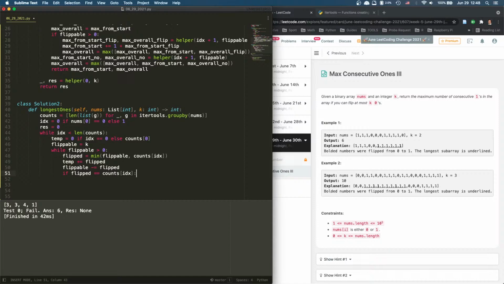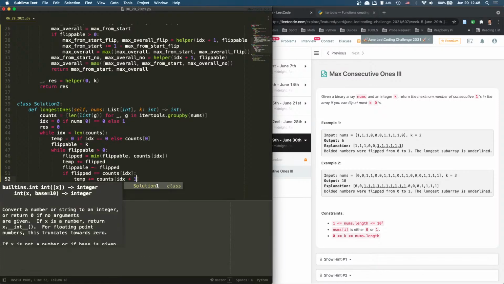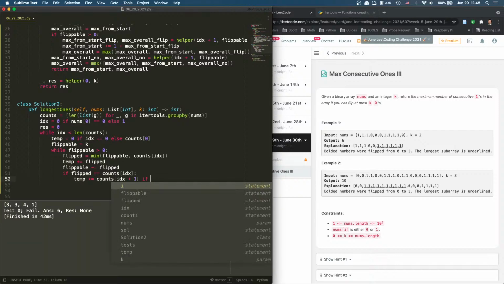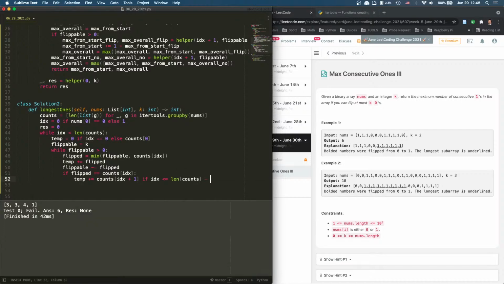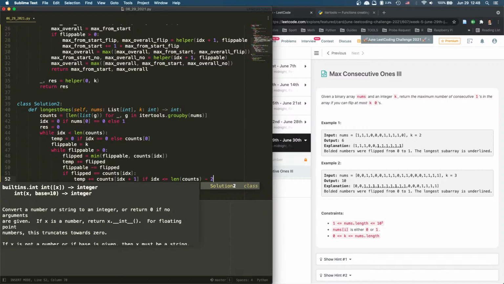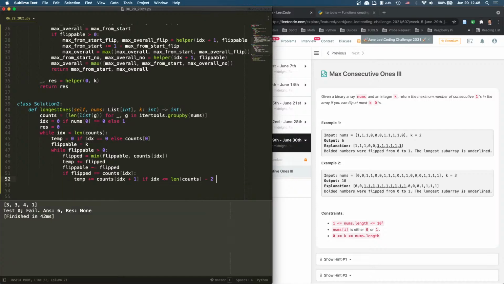So we say temp plus equal to counts[index plus 1] if index is smaller or equal to len counts minus 2, right? If it's not, then there's no more next. So else is going to be 0.